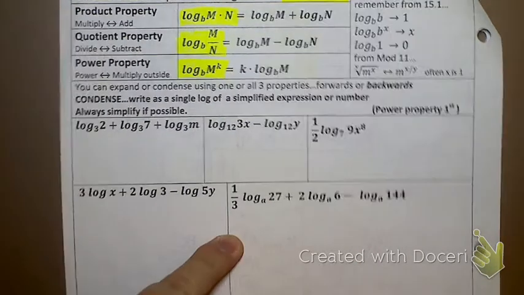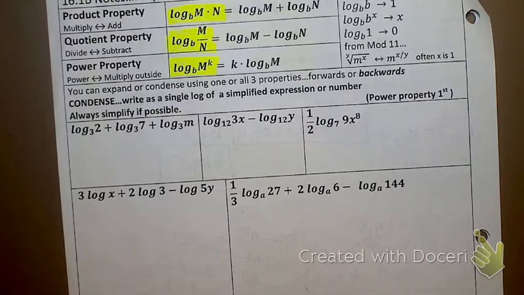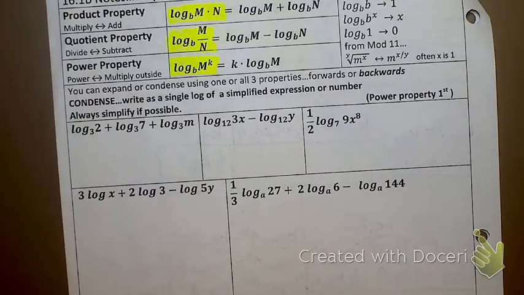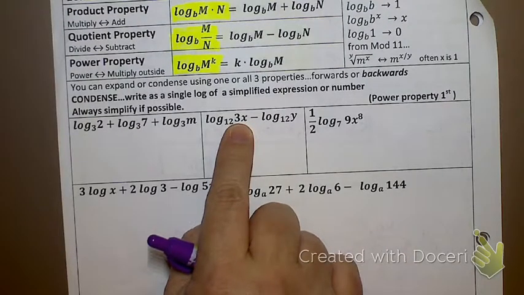When we're going the opposite direction, that's usually the first thing we're going to look for, is any exponents that need to be bumped back to being exponents. Keep in mind, not all of these are fully expanded. For example, this right here is not a fully expanded expression, right? It could be expanded further, but since we're condensing, we don't really care. That just means they did one step for us, right?